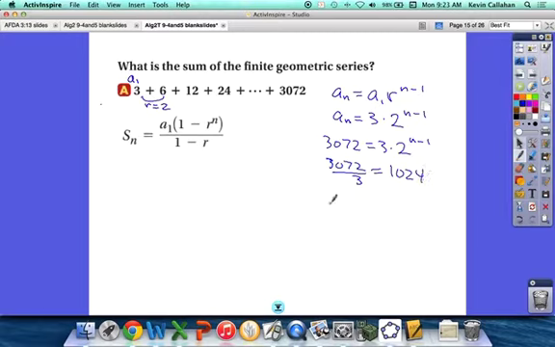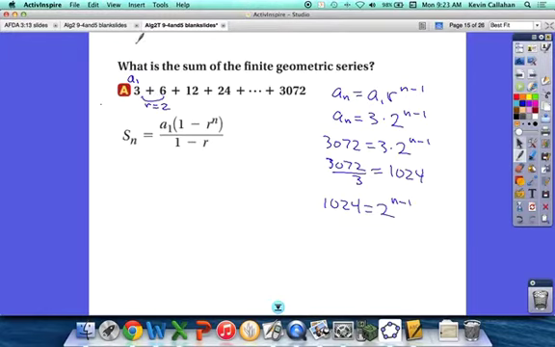Okay, so we have 1024 equals 2 to the n minus 1. Okay, what power of 2 is 1024? Just think.